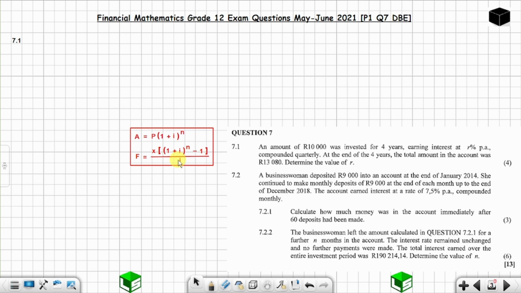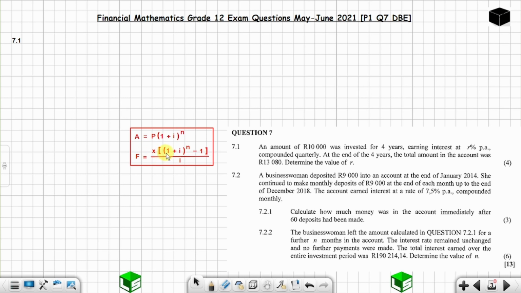You have to pay attention to this. Whenever an amount is deposited once off, this is the formula that you have to use, the first one. You can only use the other one if you deposit an amount and after a regular period of time, you deposit another amount.